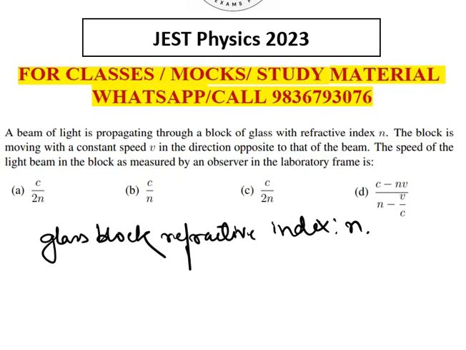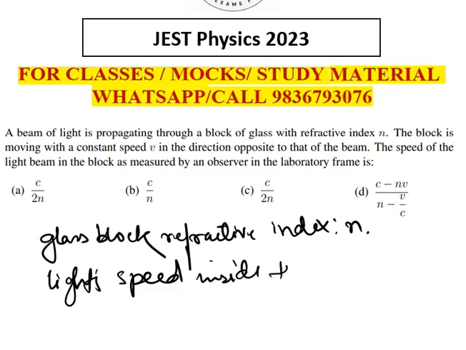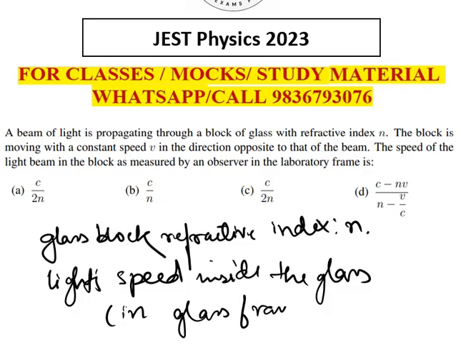Right, so the light speed inside the glass, in the glass frame, is u prime equal to c by n.